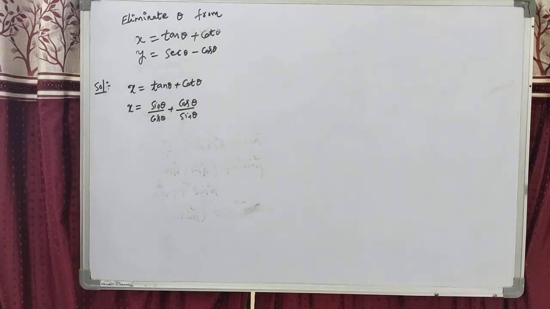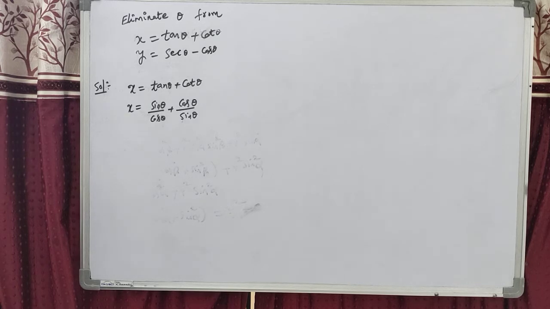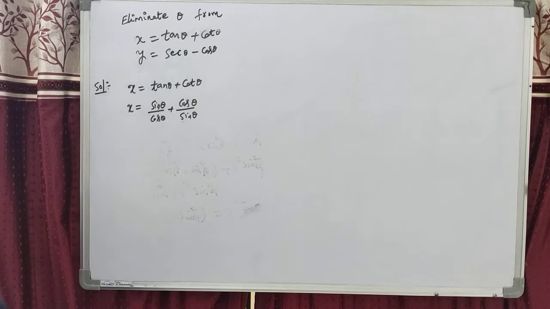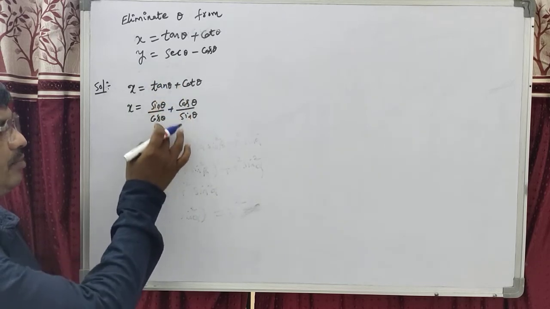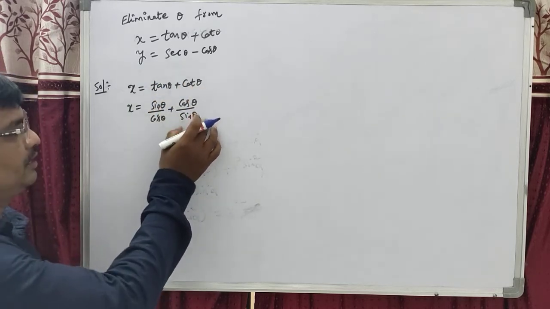So here, eliminate theta from the equations x equals tan theta plus cot theta and y equals secant theta minus cos theta. Dear students, we can write tan theta as sin theta by cos theta. Cot theta is cos theta by sin theta.